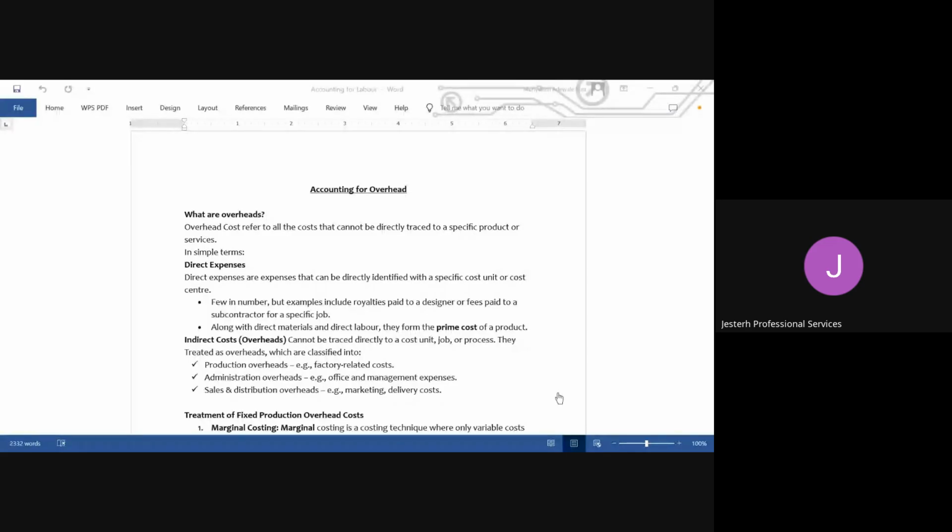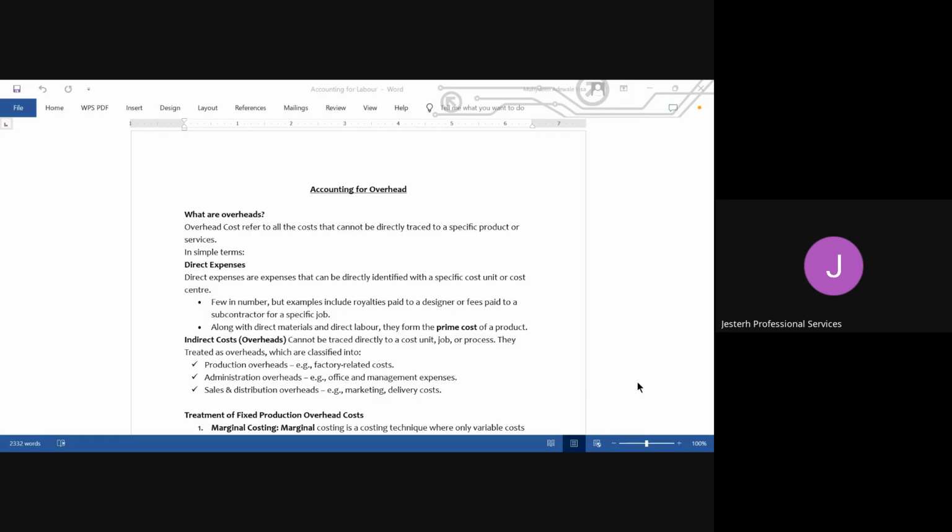Now, from the last class, whenever you see something like this, and you have already understood what they ask you to do, they will give you what they plan to achieve. And secondly, they will also give you what they achieved at the end of the period.